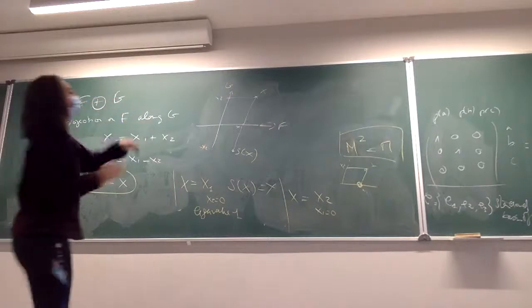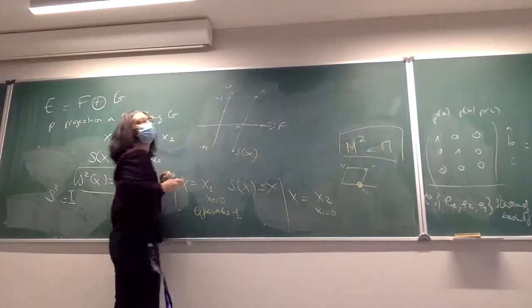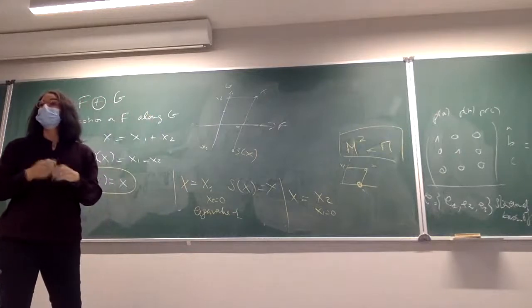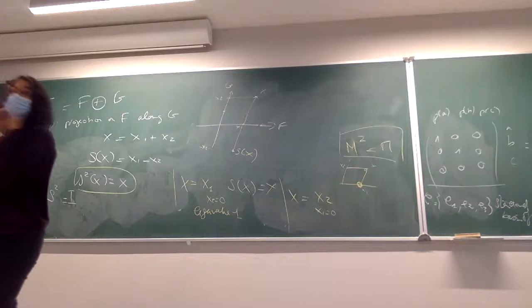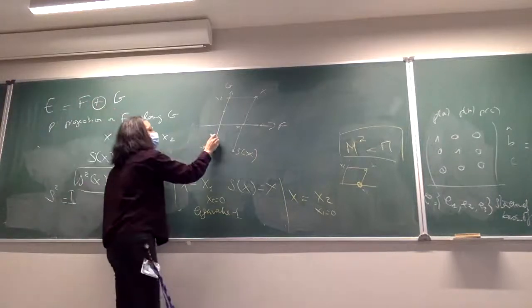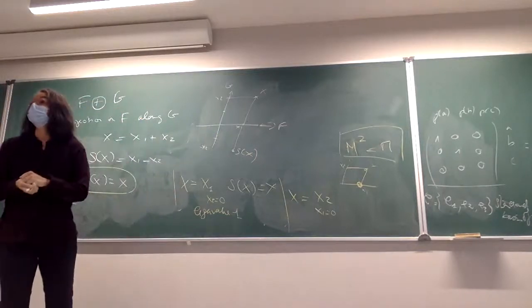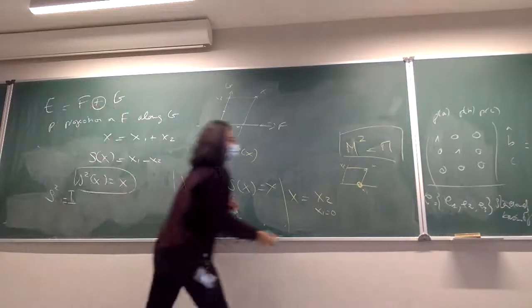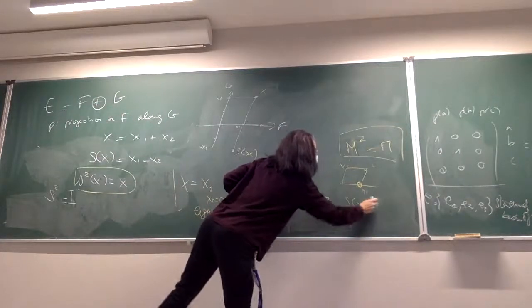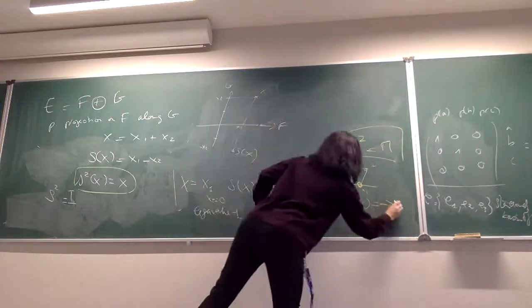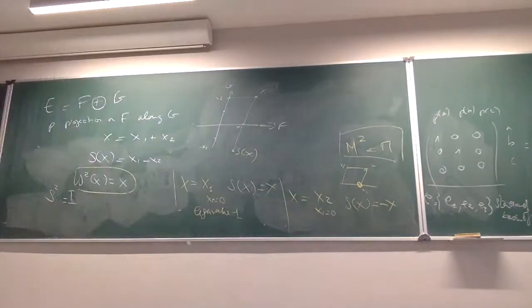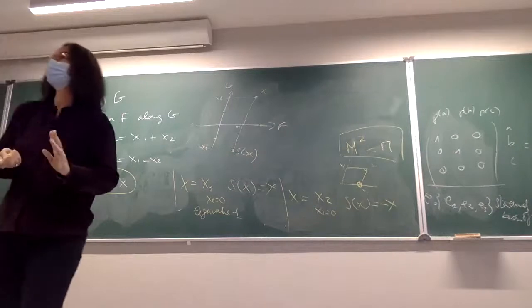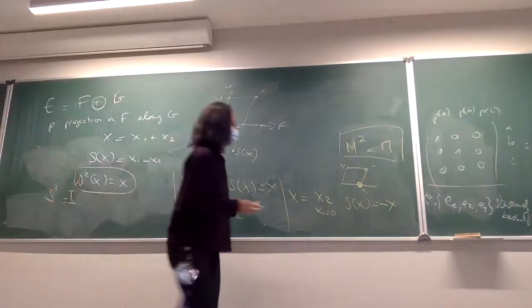If I've got something that belongs only to that direction, what is the effect of the symmetry for this one? Yeah, we get the opposite side. So S of X is minus X2, so minus X. So in terms of eigenvalue, -1.